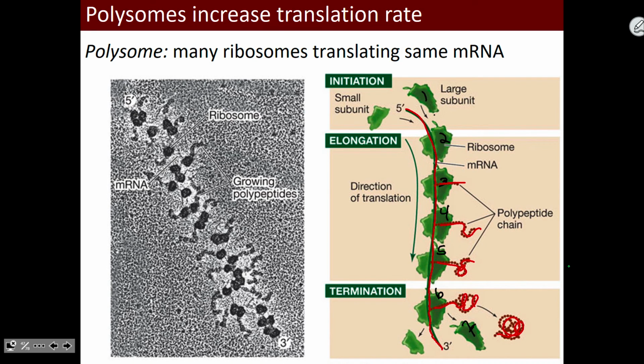When it gets to the end of the message and everything falls apart, the next ribosome is moving right behind it. So basically, I have like a chain of ribosomes moving down the message like cars on a train. Okay. This is actually a scanning electron micrograph of that happening, and you can kind of make out the message if you follow through the ribosomes.